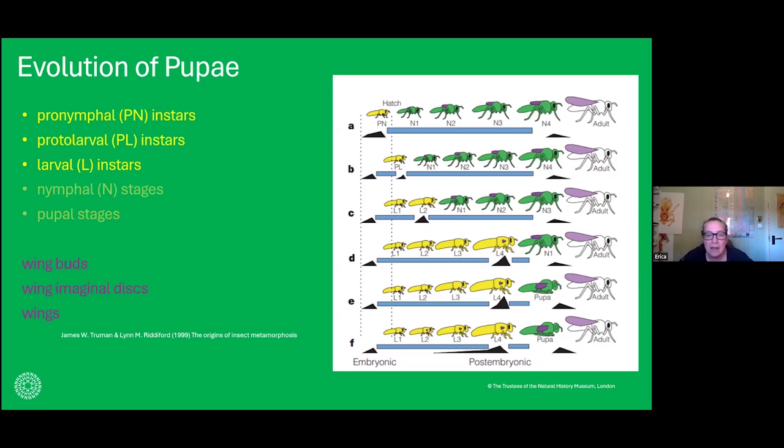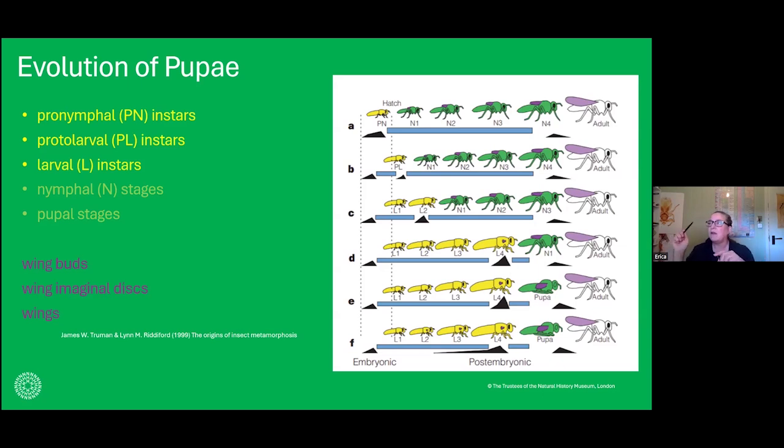Now, what you've got here, it shows the possible steps from the transition from this hemimetabolous to this holometabolous life cycle. So going from this incomplete to this complete metamorphosis. And it shows it in relationship to the juvenile hormone production, which is the blue bar going across, and the growth directed towards the imaginal form, which is the black triangles.